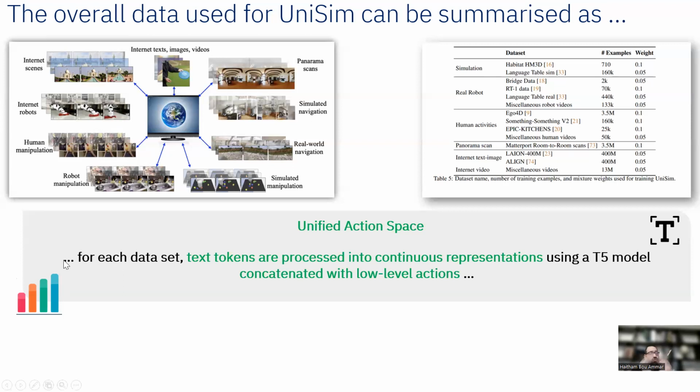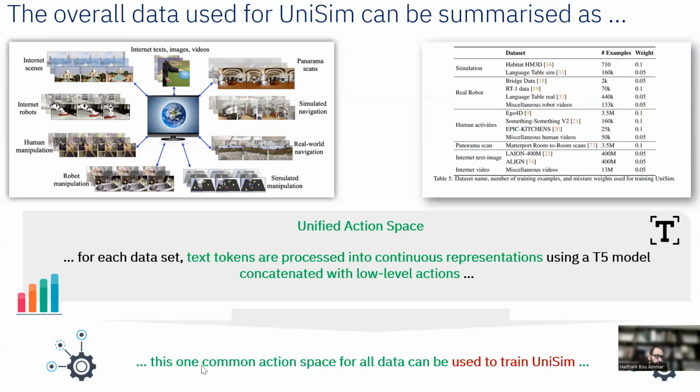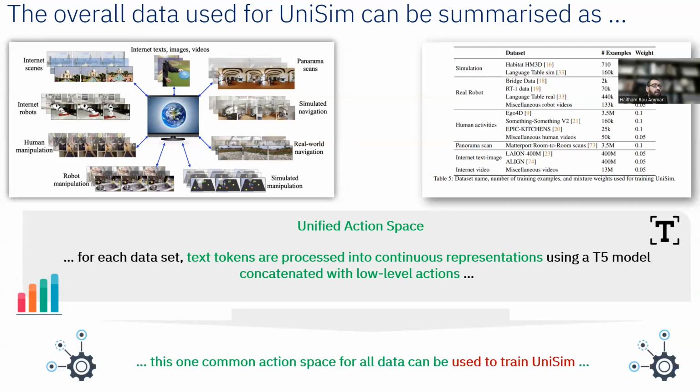So this way I have a unified action space that will allow me to make use of all this richness of my data in order to build my interactive simulator. So now we have one common action space for all these different data that I can actually use to train my Unisim.